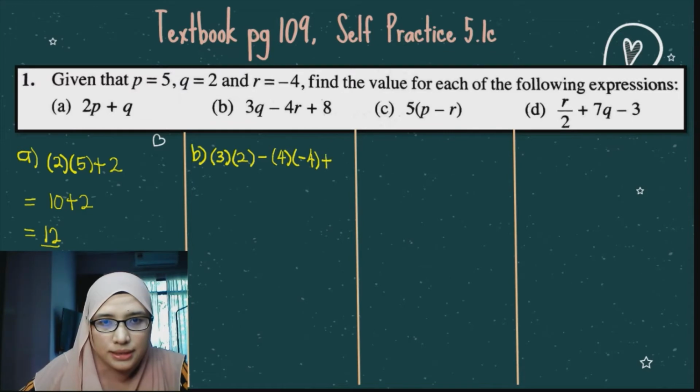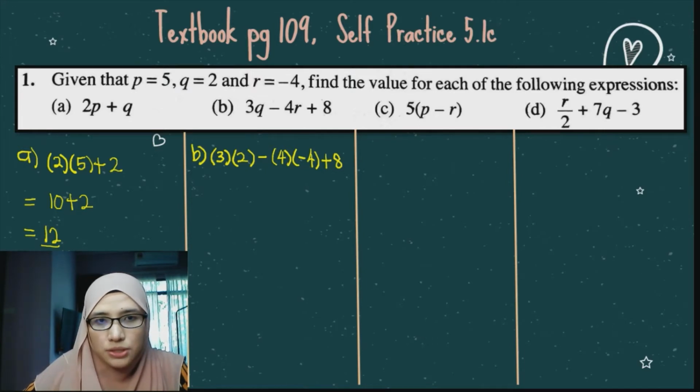Plus 8. If you notice, we just substitute the values for each given letter. Q is 2, R is -4. The other operations like minus, plus, and the other numbers like 3, 4, and 8 remain the same.